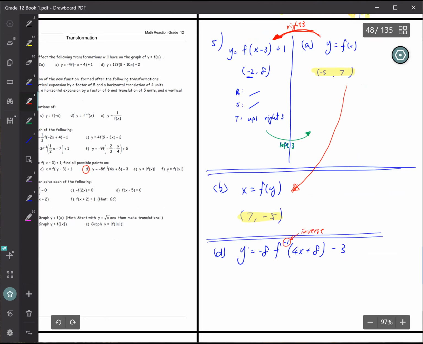So you apply the story to your answer in question B, because 7, negative 5 is the point for inverse. Okay, I'll give you 30 seconds. Please change this one into story form. Okay, you keep your -1 there, you don't need to move anything.